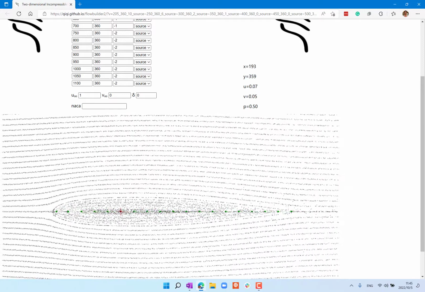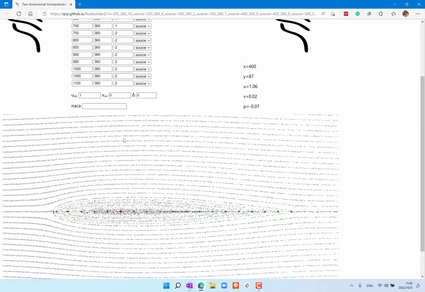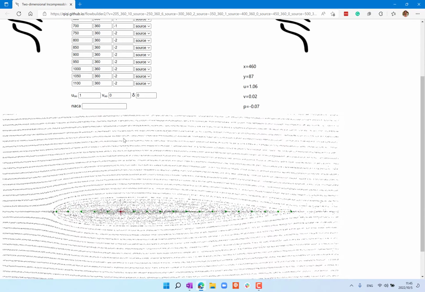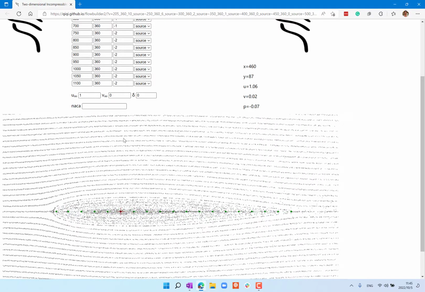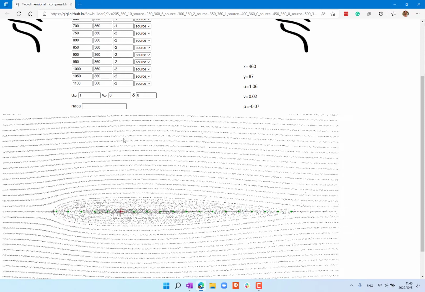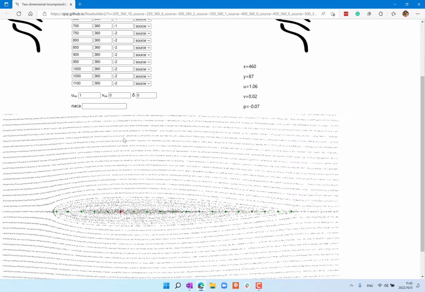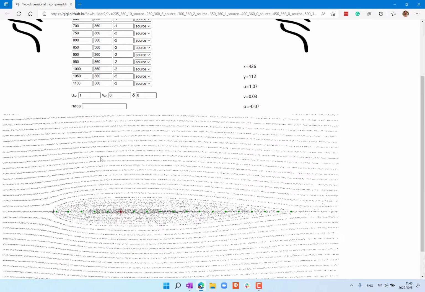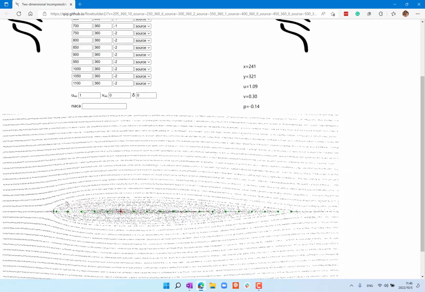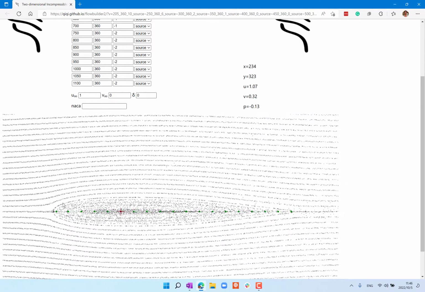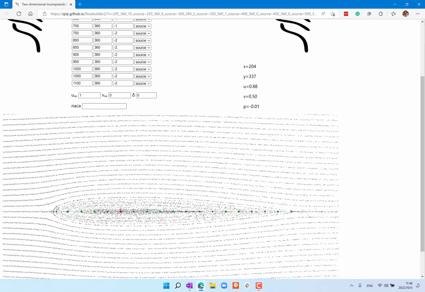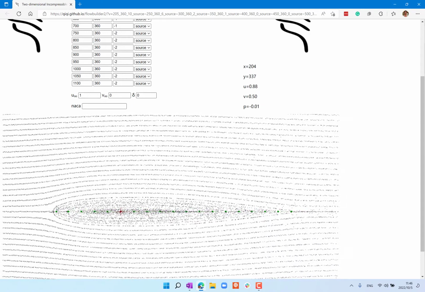On the other hand, especially when the stream tubes are widening, you get a contribution of the sources to the y velocity. That adds up with the x velocity to make the flow go faster. So when you see a large source, especially around here, just above this large source, you have a negative pressure.